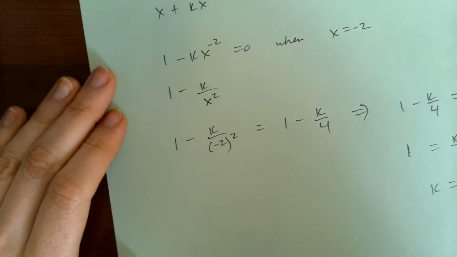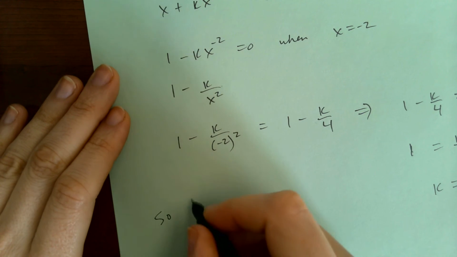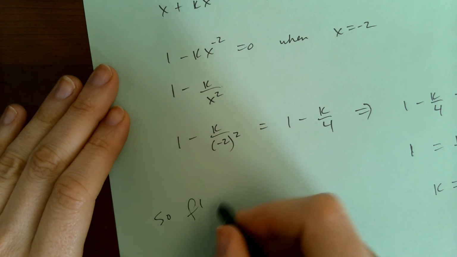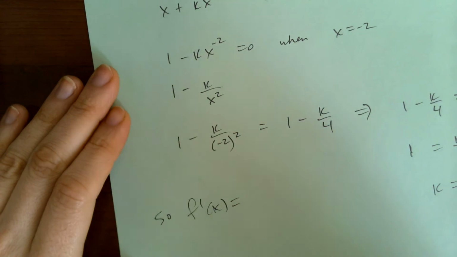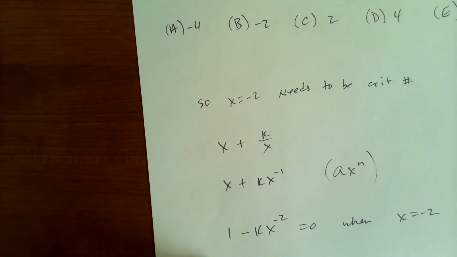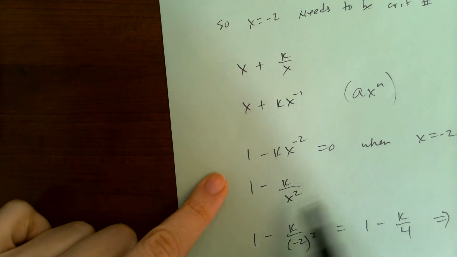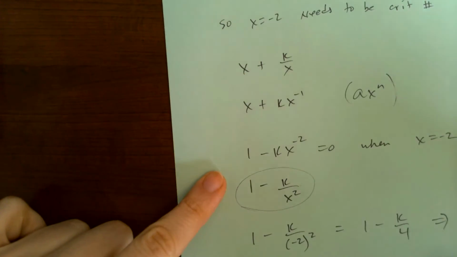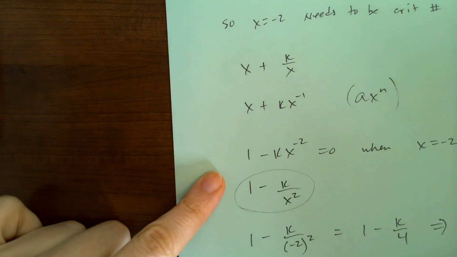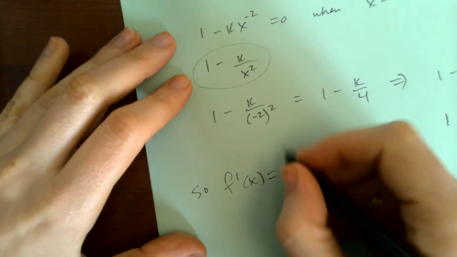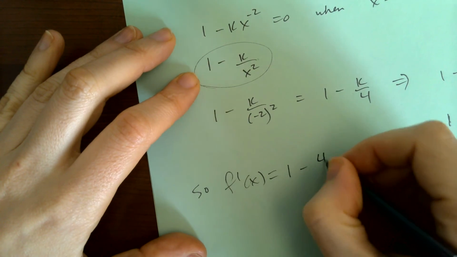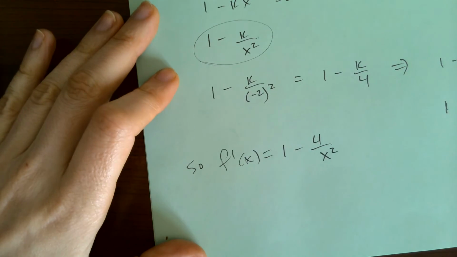So at this point, we've got f prime of x equals, where was it, the derivative was right here. Okay, so this is a nice form of the derivative that I could use: 1 minus 4 over x squared.